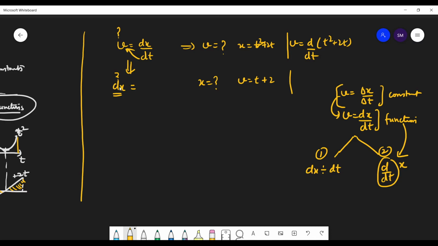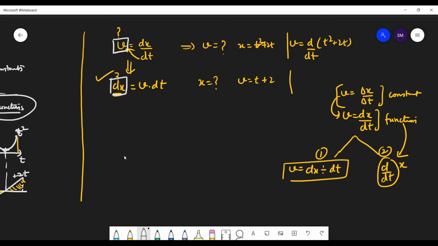Here you will be using dx divided by dt this way. So what will be dx? Dx is, simply, dt will go that side, so v into dt. Got it? Yes, sir. So whatever you have to find, bring it this side. Now you have brought it this side.